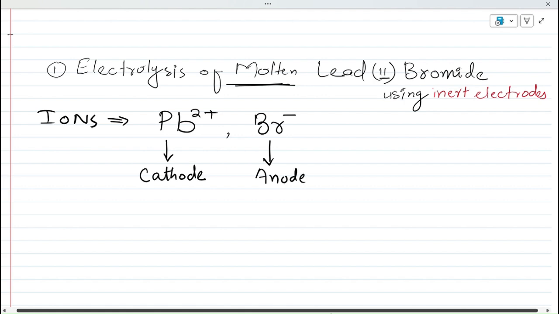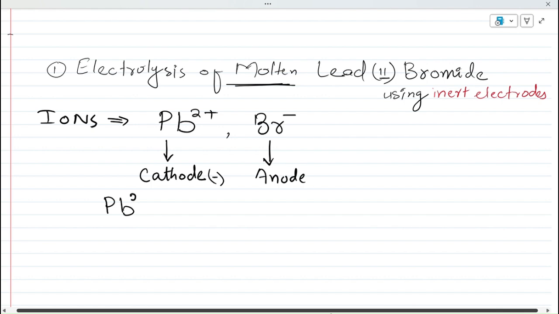When they are attracted towards their oppositely charged electrodes, after reaching the respective electrodes, they will react there. For example, the positive ions gain electrons from the cathode, because the cathode, as we know, is a negatively charged electrode. So they will gain electrons from the cathode and will be neutralized there.